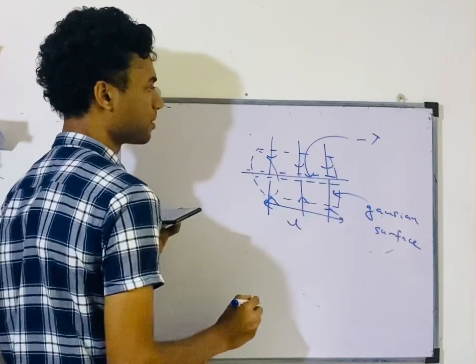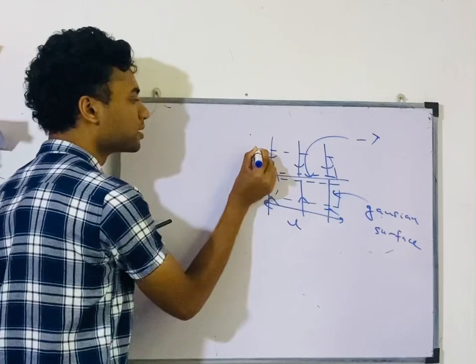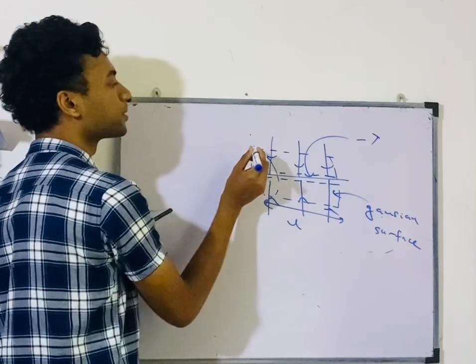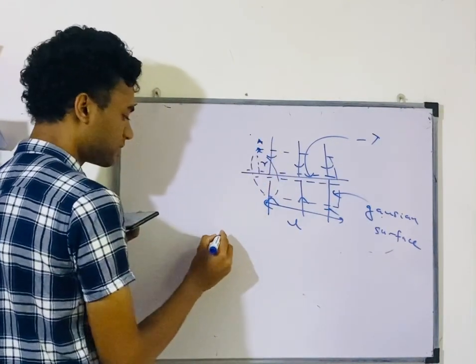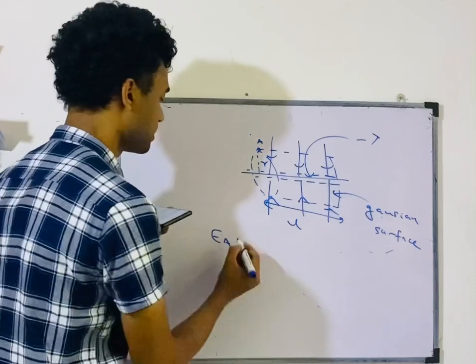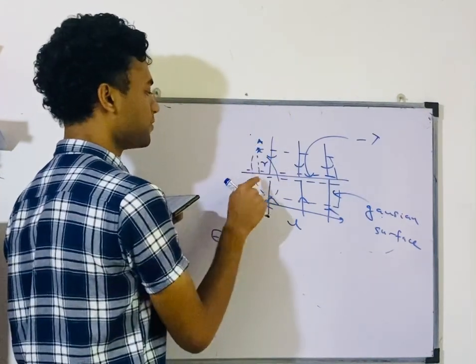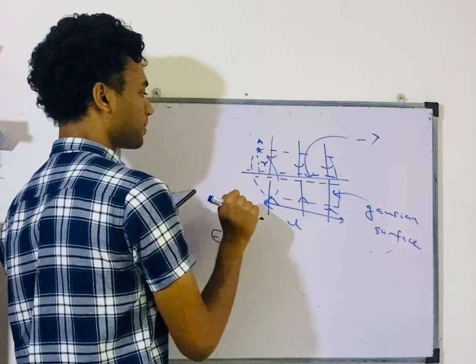So I have minus lambda L. I'm going to consider a point at a distance of r from the straight wire. I'm going to consider this as point A, and I'm going to find the electric field at point A, which is unknown to me, at a distance of r from this line.